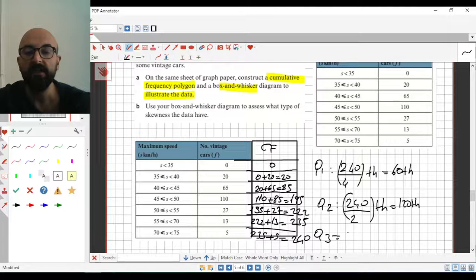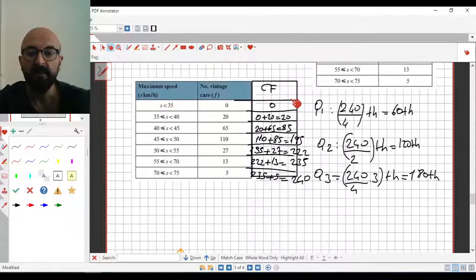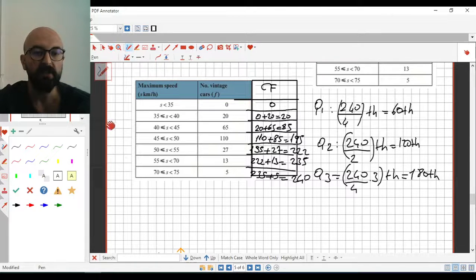And Q3, 240 over 4 multiplied by 3, because 75% of the cars, so the 180th car.